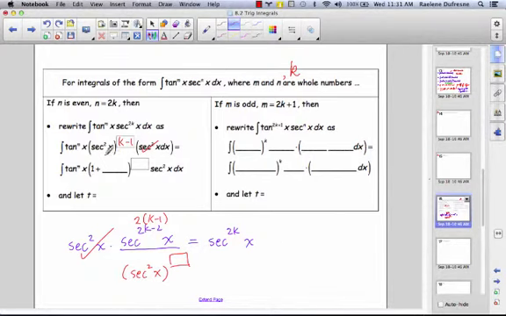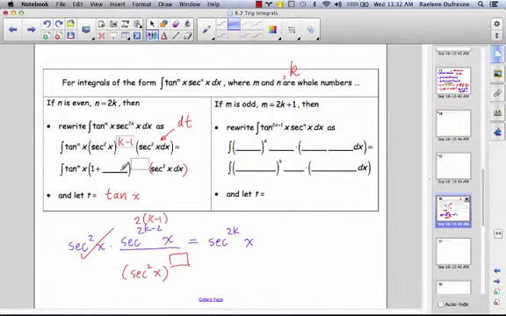Then we can recognize secant squared x is someone's basic derivative, and it is the derivative of tangent of x. So we will see that this quantity should be our differential dt, which means that we should let t be tangent of x.